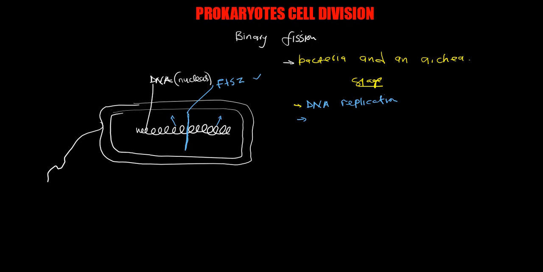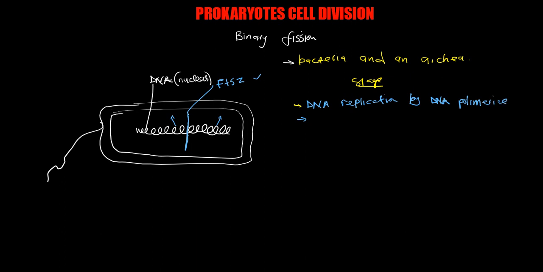So DNA replication is done by an enzyme called DNA polymerase. The enzyme DNA polymerase is making a copy. That is the enzyme involved in the replication of DNA.